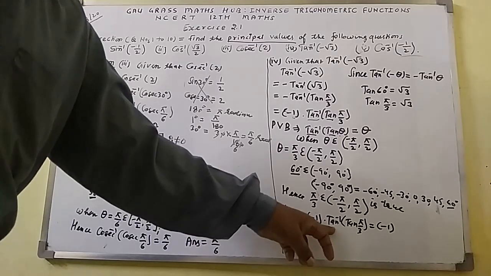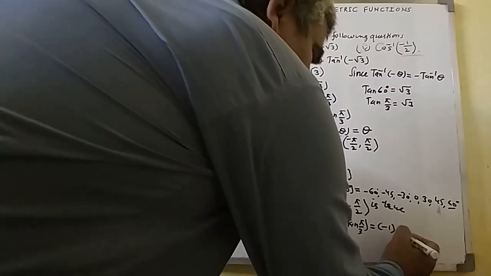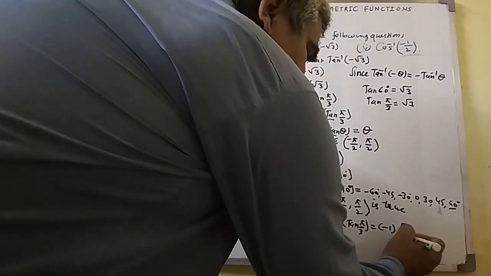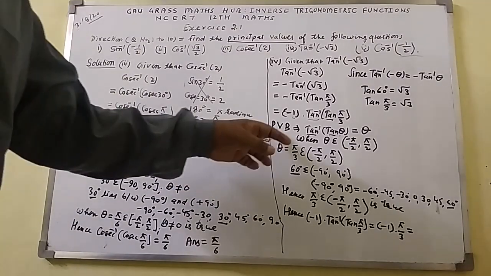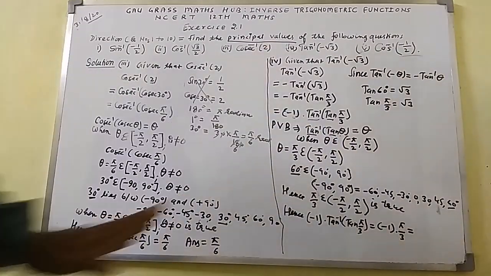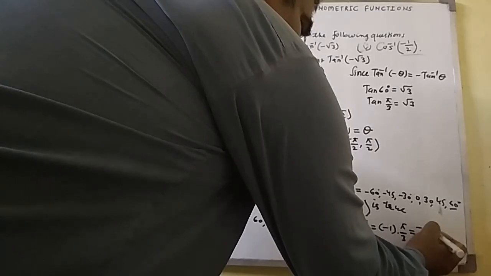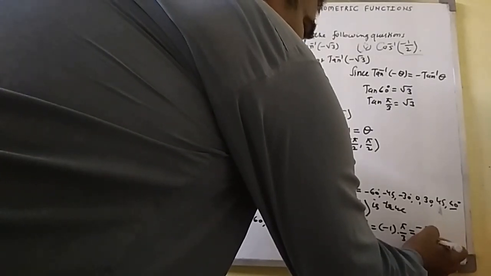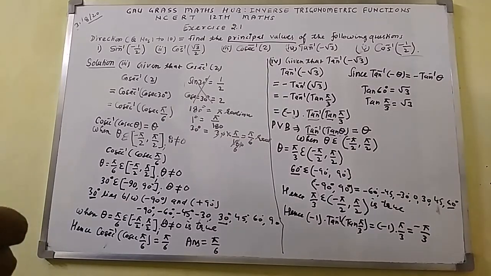Tan inverse tan pi by 3 will become pi by 3, because the principal value branch condition is satisfied here. So minus 1 multiplied by pi over 3, you will get minus pi over 3. This will be the correct answer, minus pi over 3.